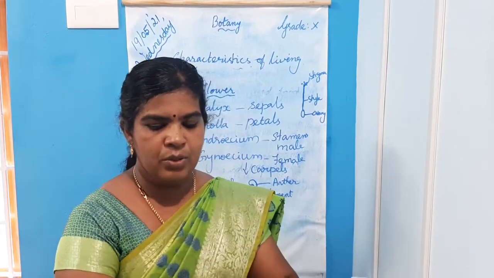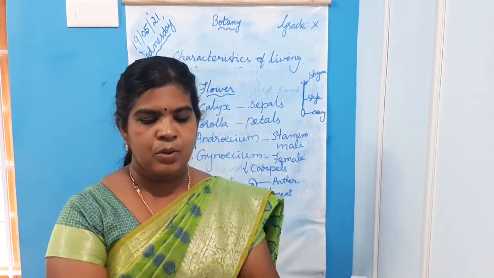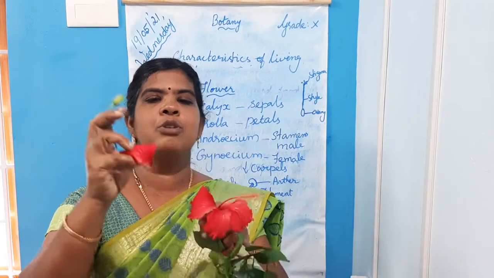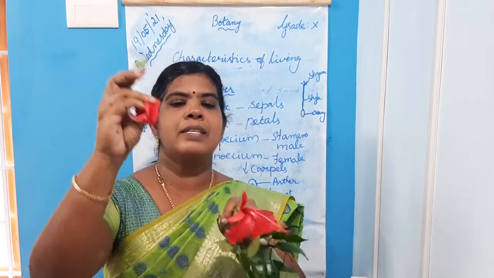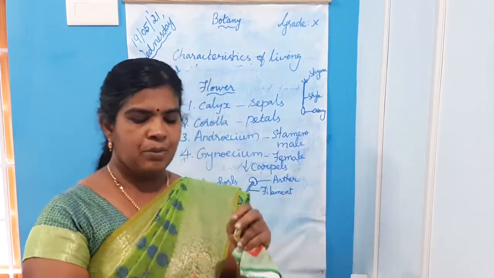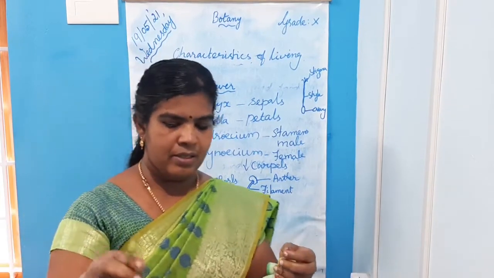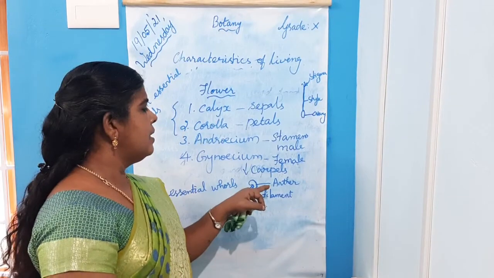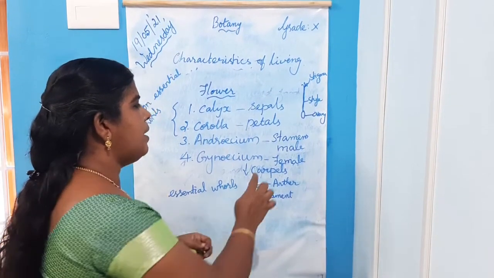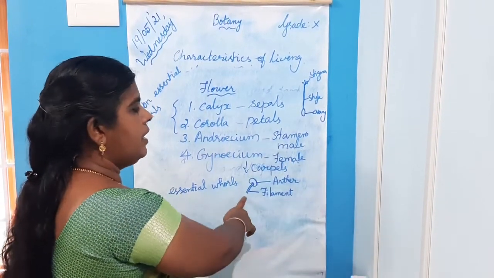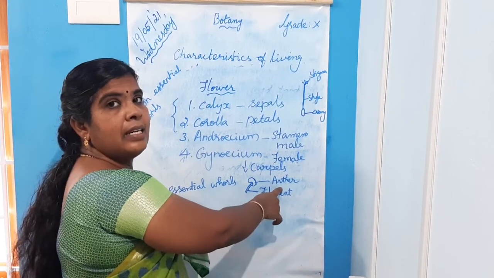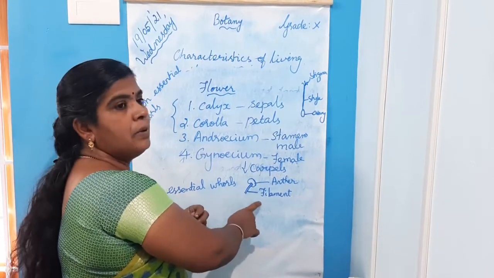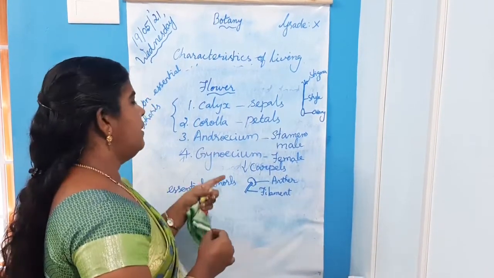Corolla consists of individual units called petals. Androecium consists of stamens. Each stamen has an anther at the tip and a stalk-like structure called filament.